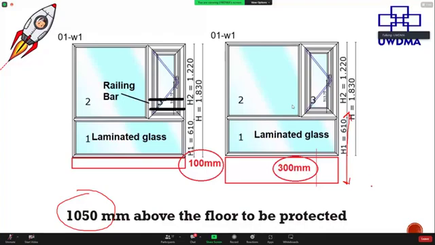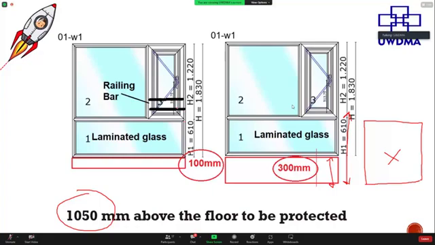And if your window is starting from the ground only, then this fixed part should be at least 1050. Including your wall height and your fixed bottom part, it should be at least 1050 from the perspective of security, because many kids are prone to fall down.